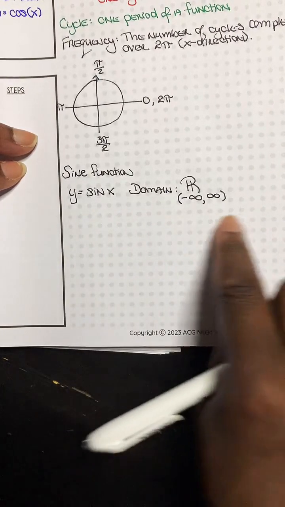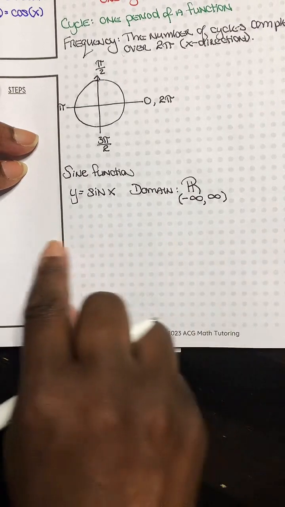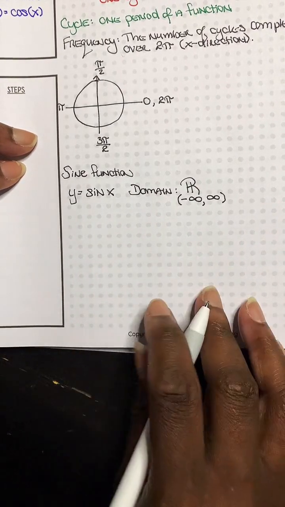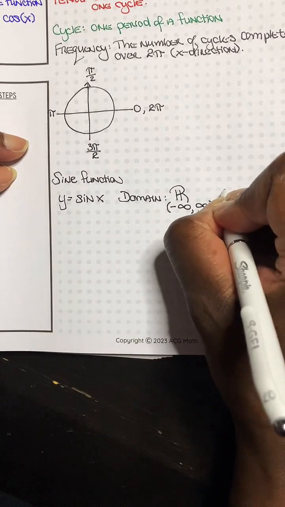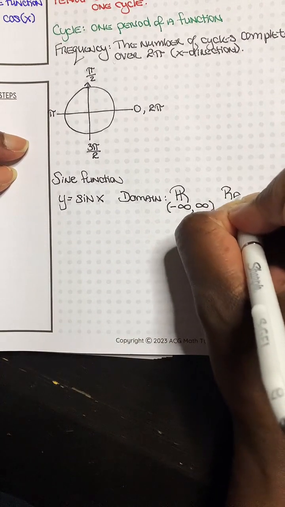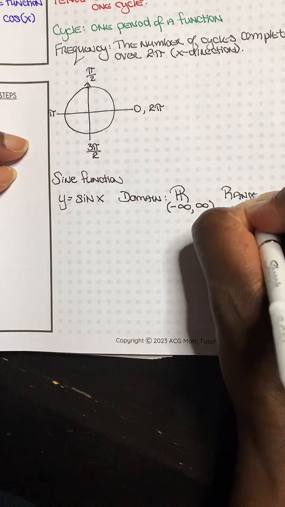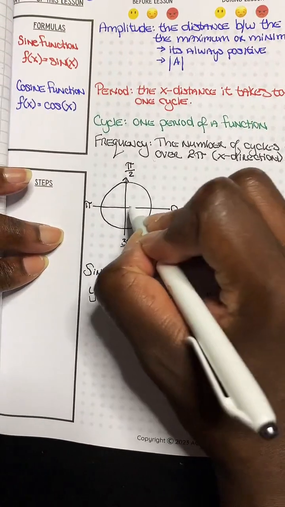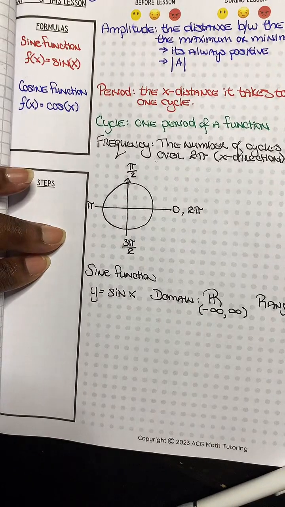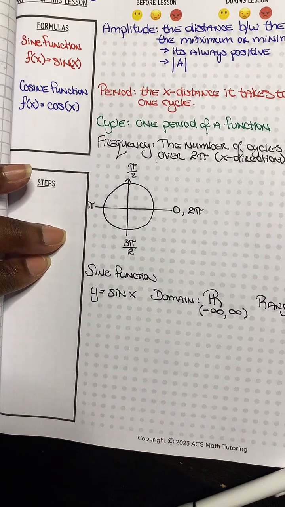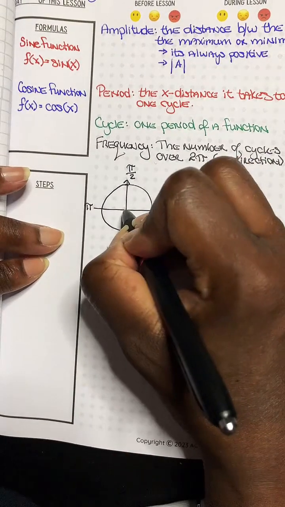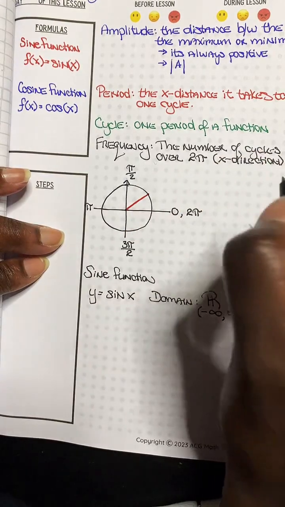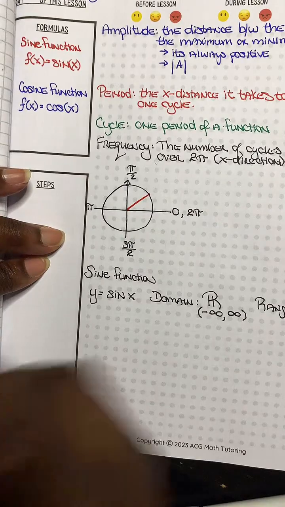So that means we're not going to have any kind of halts, okay? Any number is allowed. But your range, that's where it somewhat differs. Just like the unit circle, the length of my radius is always 1.